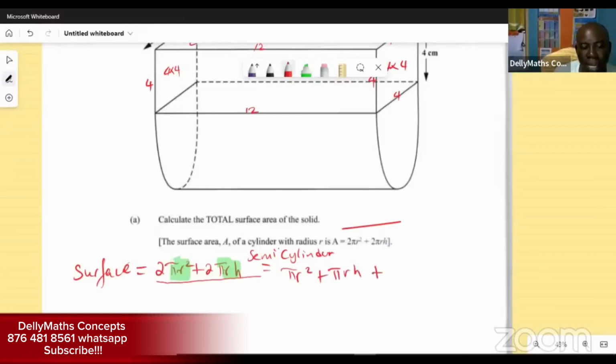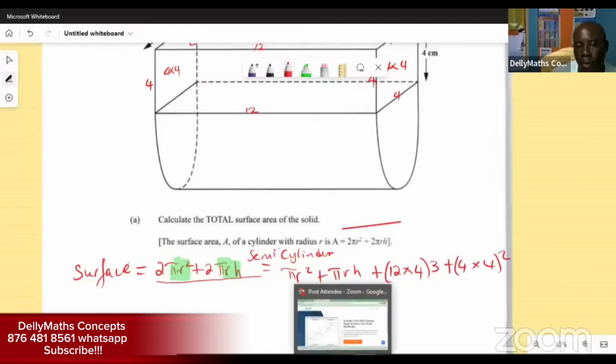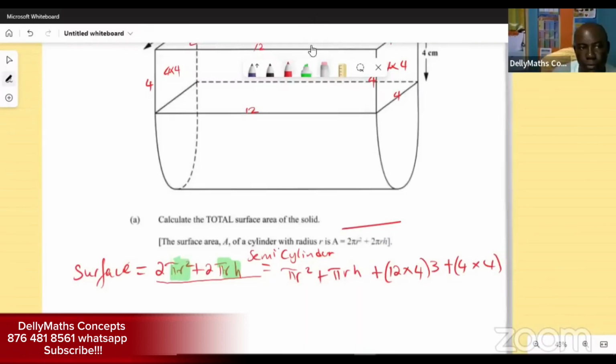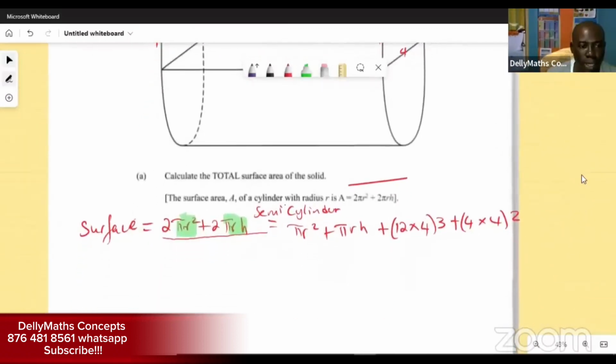Then I'm going to be adding to that a number of things. 12 times 4, and it's 3 of them. And I have to add the 4 times 4, and it is 2 of them. Because remember, we're dealing with them. Let me move that. I don't want it to look like a square. And it's 2 of them. So that is what we're going to put together.